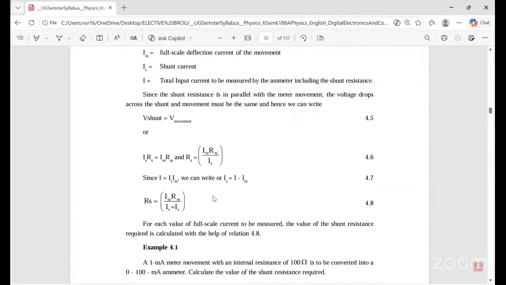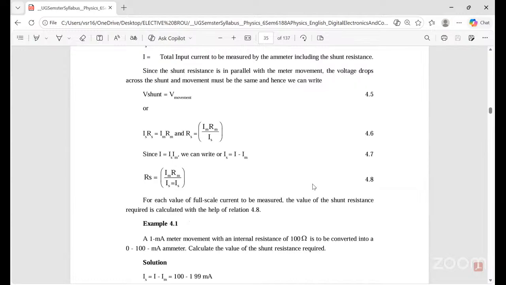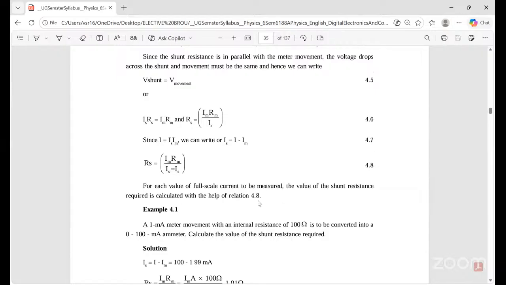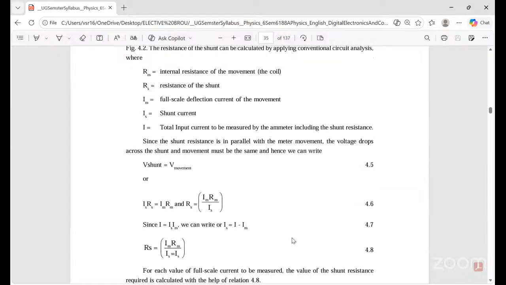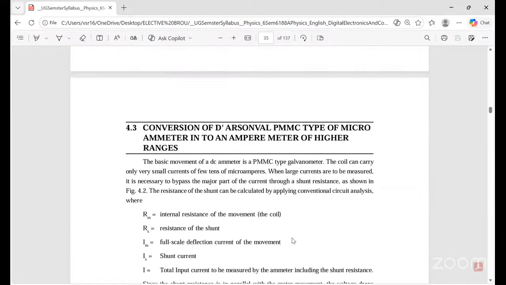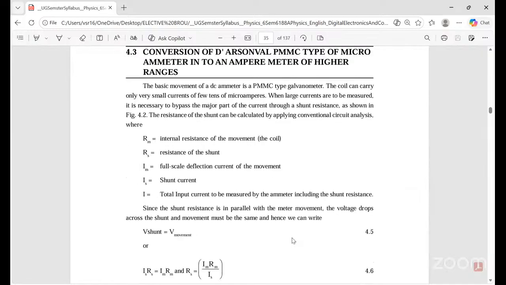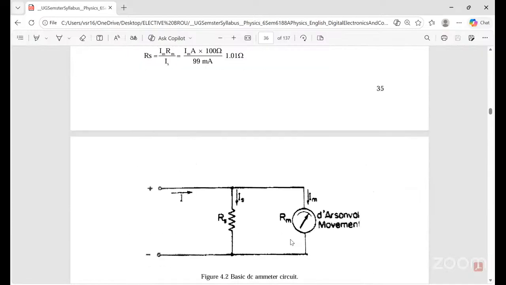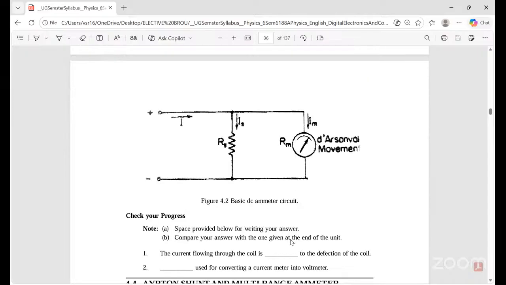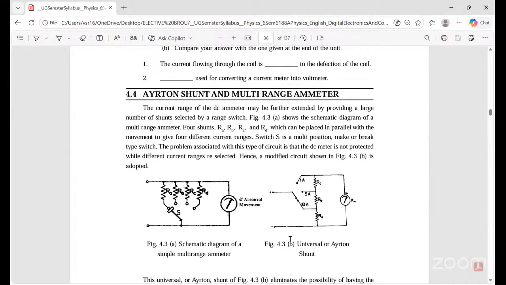But I equals IS plus IM, so substituting, IS equals I minus IM. So RS equals IMRM by IS. Microammeter to ammeter, how to convert it?